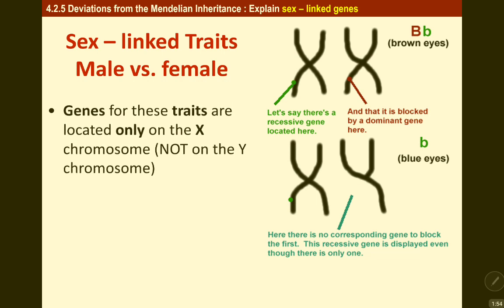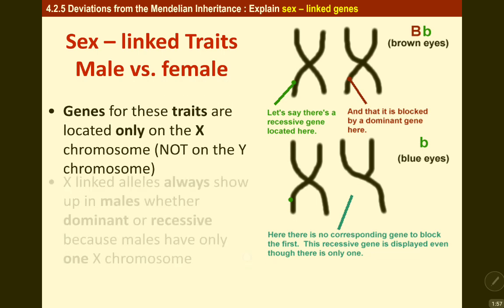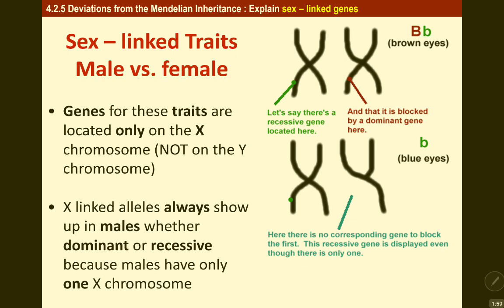For male and female here, all the genes that we mentioned for sex-linked gene are located only on the X chromosome, not the Y chromosome. So X-linked alleles always show up in the male, whether dominant or recessive, because male have only 1 X chromosome.